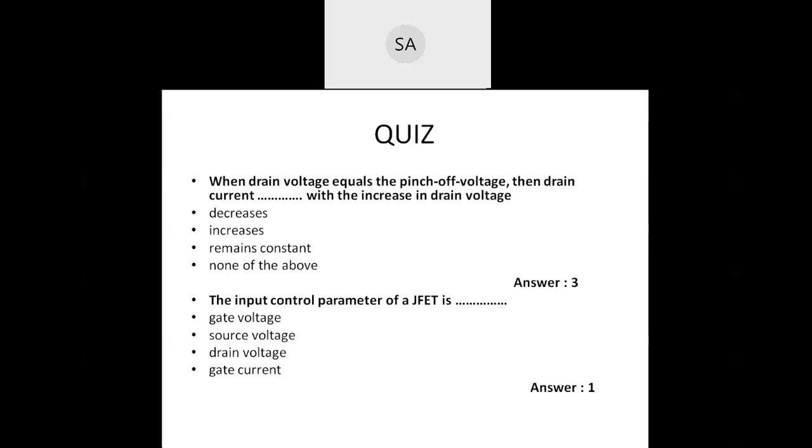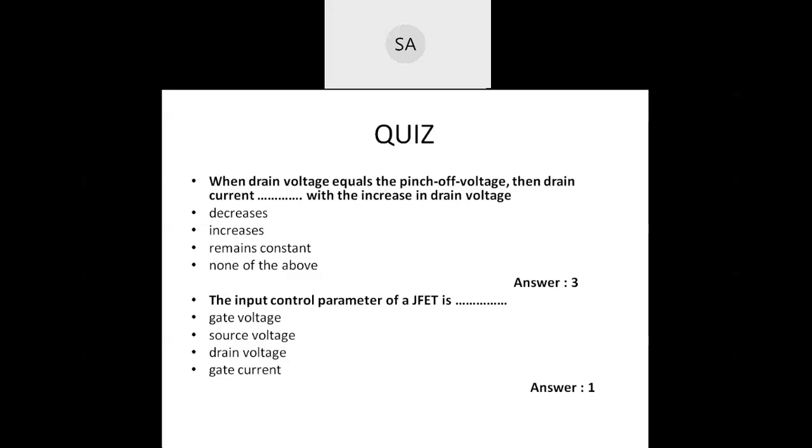The input control parameter of a JFET is: So here in this JFET, whenever we are applying the bias, two biases we are applying, VGS and VDS. By keeping the VGS constant, if we increase the drain to source voltage, there will be no change in the current.